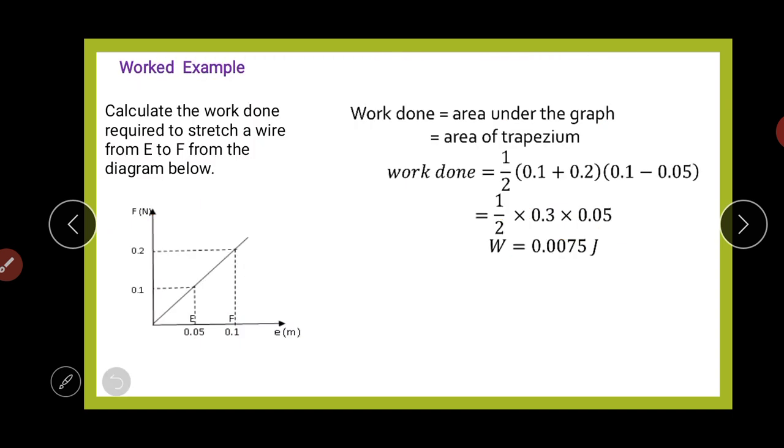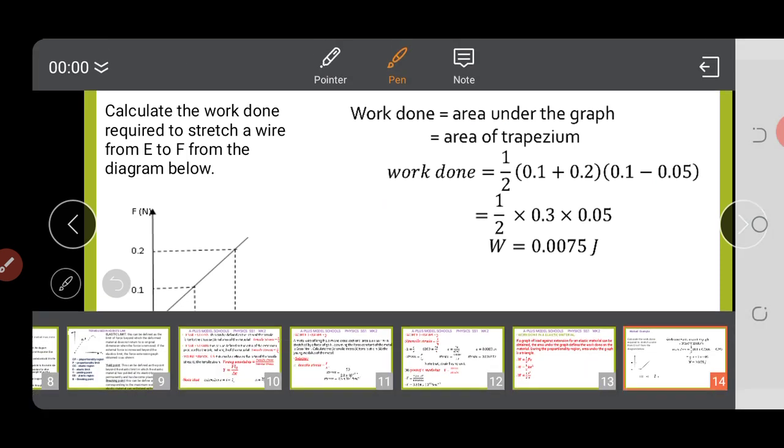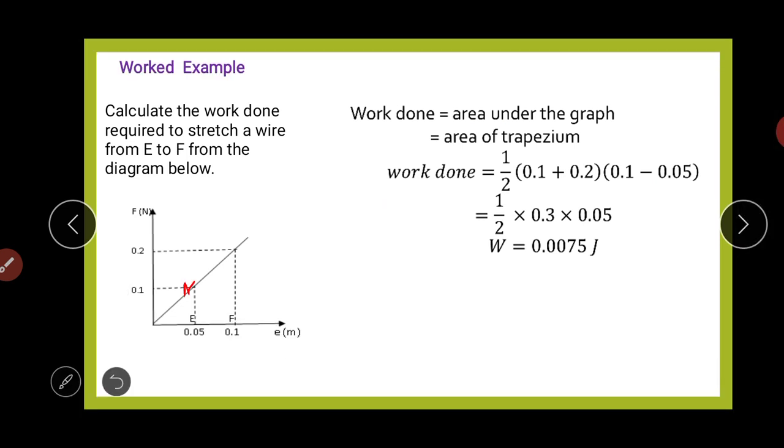An example of this: calculate the work done required to stretch a wire from E to F. The wire was originally here and now it is here. Let's look at the work done. They were given force and extension here, and the formula for the work done is half Fe.